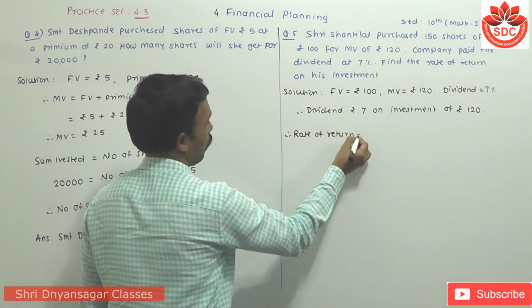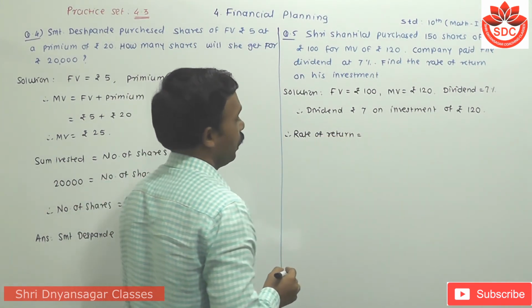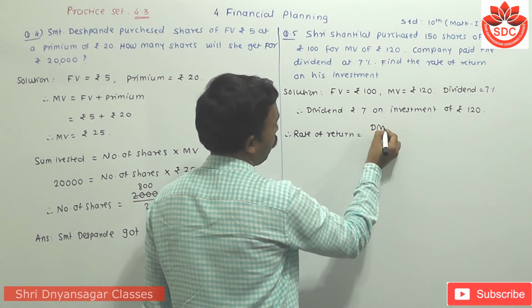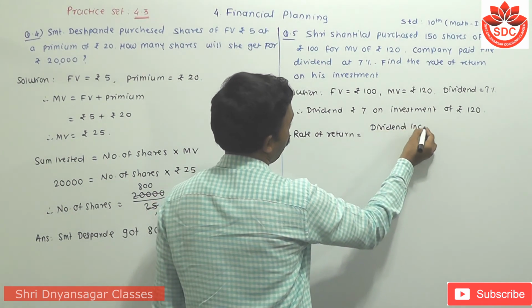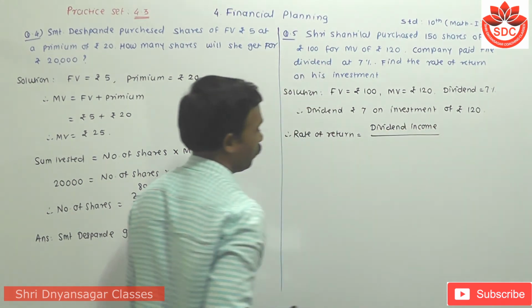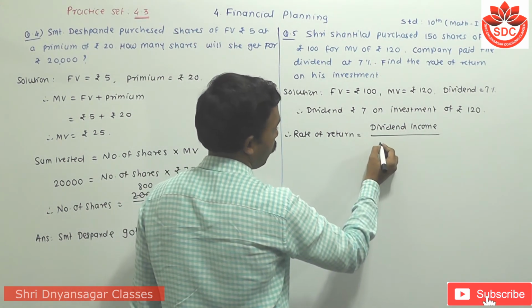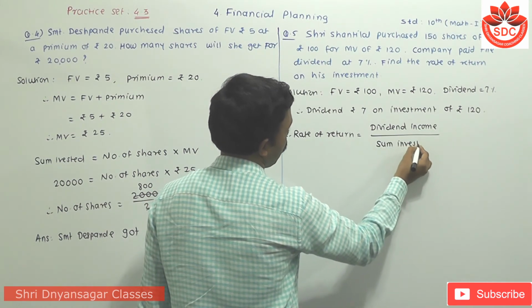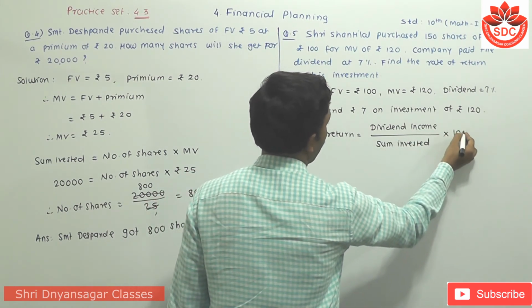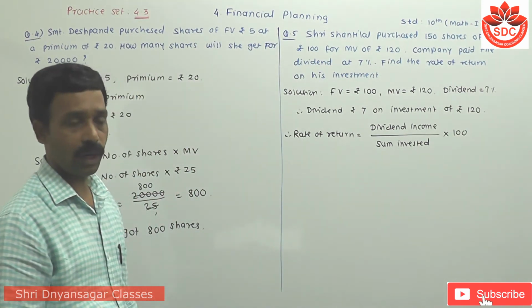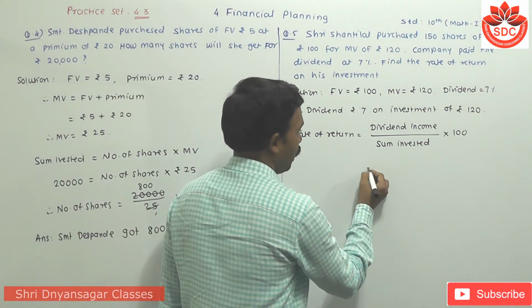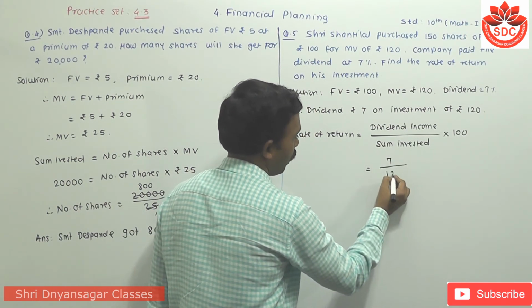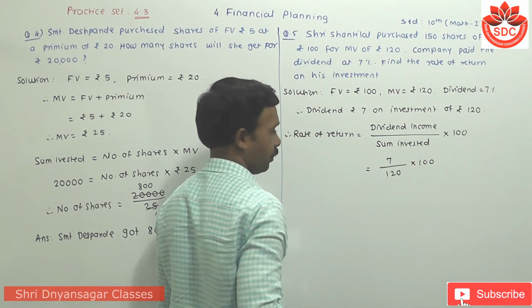here we use the sum invested into the rate, so we have to multiply by 100. Then dividend is 7 rupees, sum invested is rupees 120 into 100.